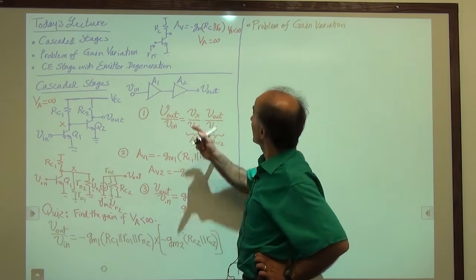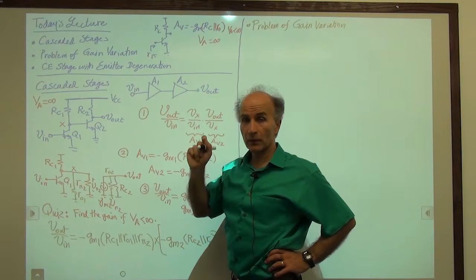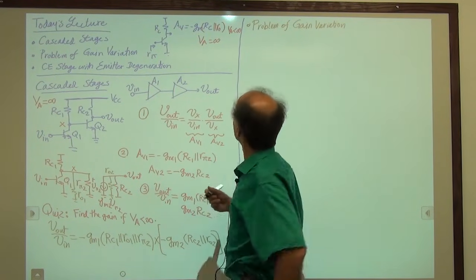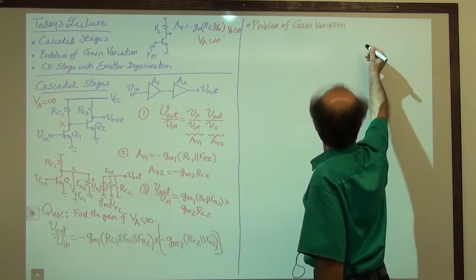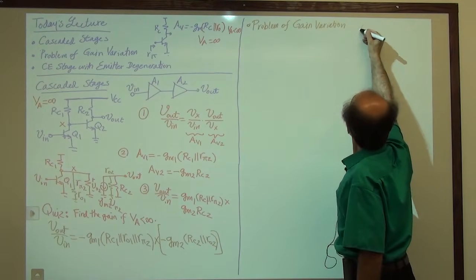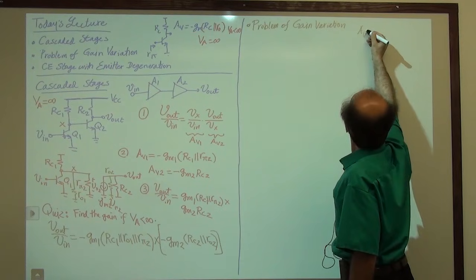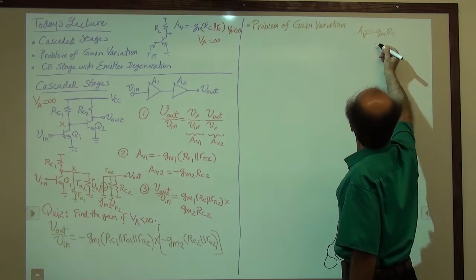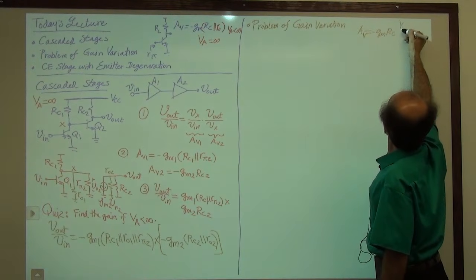All right, we also know that GM is equal to the collector bias current IC over VT. So let's write that here. So we have AV equals minus GM RC if the early voltage is infinity.